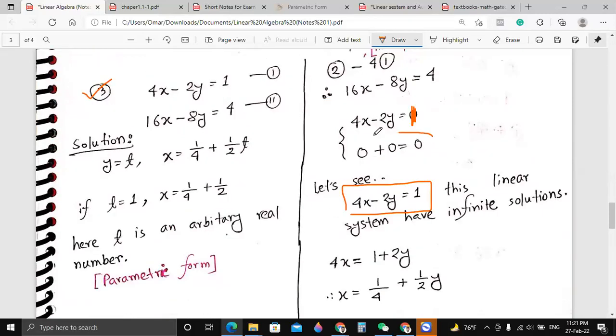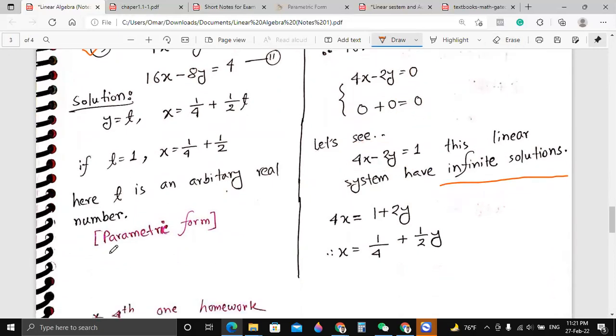So we have already seen that this equation has an infinite number of solutions because the left hand side is equal to the right hand side. Now we need to convert it to a parametric form.